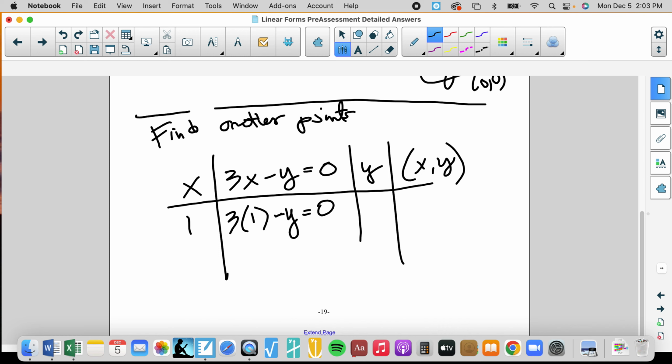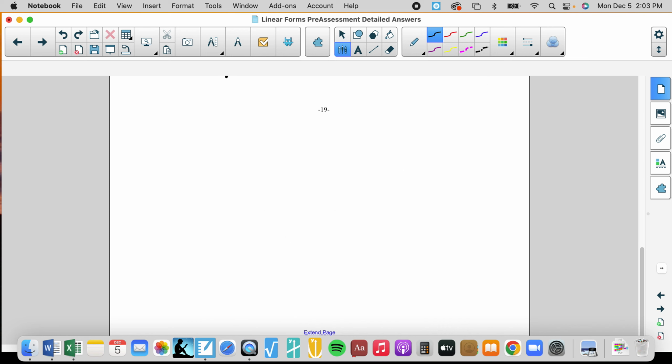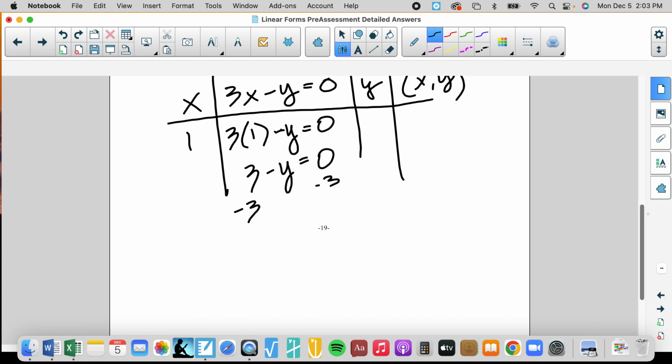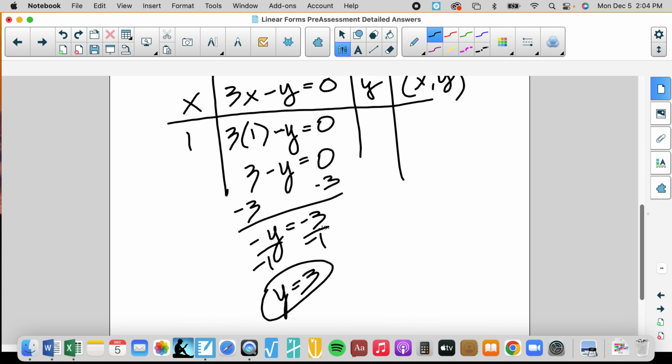Because notice, we only have one variable. So 3 minus y equals 0. So you subtract 3. You get negative y equals negative 3. Let's divide by negative 1. And y equals 3. So when x equals 1, my y value will always be 3.